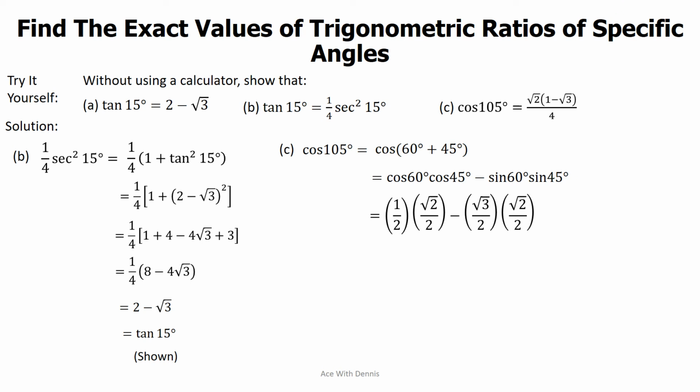Sine 60 degrees is root 3 over 2. Sine 45 degrees is root 2 over 2. So we put everything together, and we get root 2 over 4 minus root 2 times root 3 over 4. Factorize root 2, it becomes root 2 over 4 bracket 1 minus root 3. So it's the same answer which we needed to prove, hence shown.